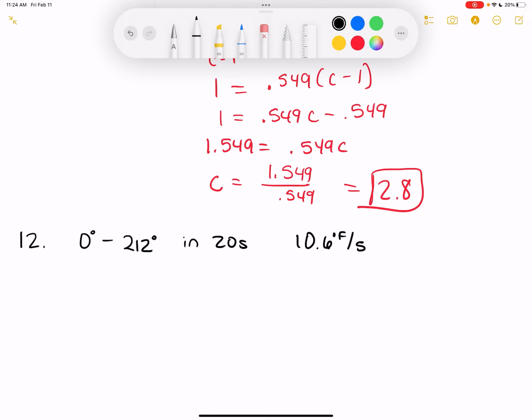Okay, so this 10.6 degrees Fahrenheit per second is actually our derivative evaluated at c. So this is actually our f prime of c, because it's like a rate, degrees Fahrenheit per second.